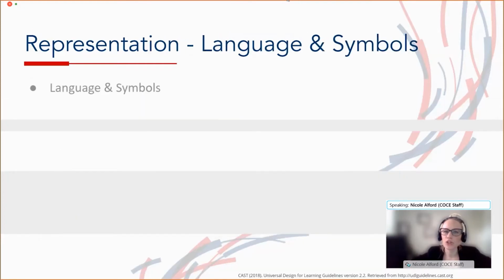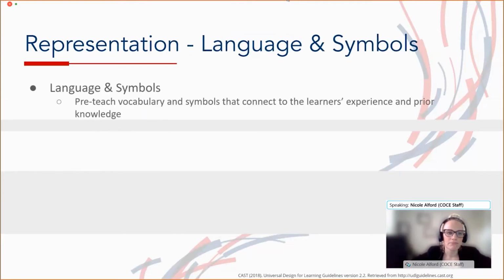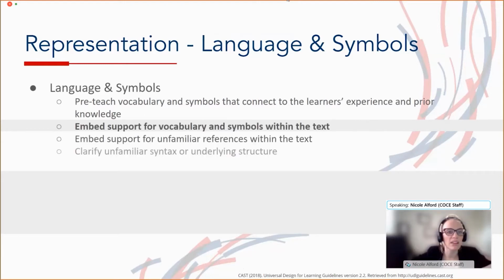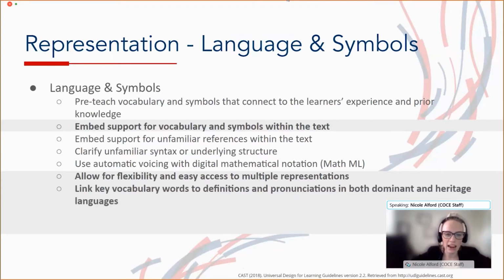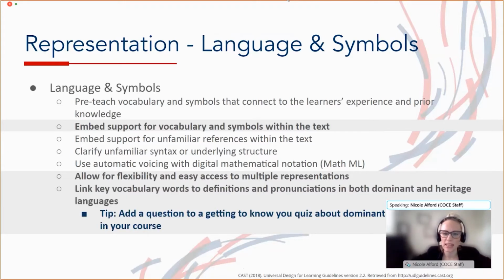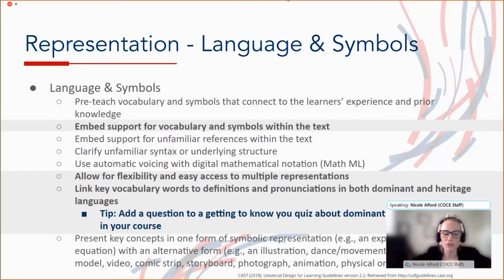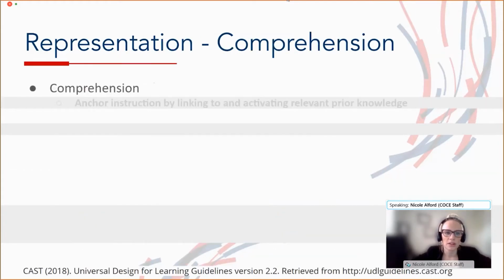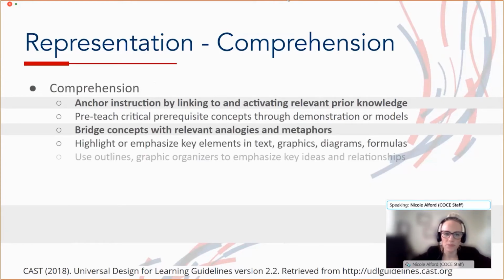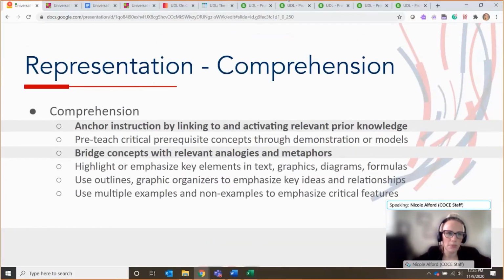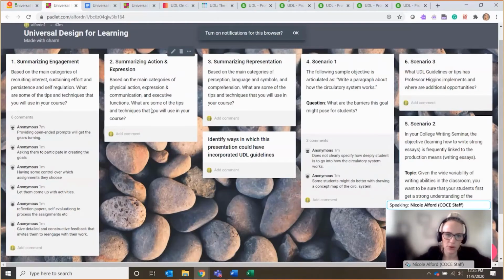Having those auditory cues, embedding that vocabulary, maybe that prior knowledge or unfamiliar syntax, explaining acronyms, what they mean, how they get there, doing that getting to know you quiz for the dominant languages of students in your course, and then anchoring that instruction in prior knowledge and having those metaphors. So I'm going to escape back into the Padlet and see if we have any tips and techniques for that.